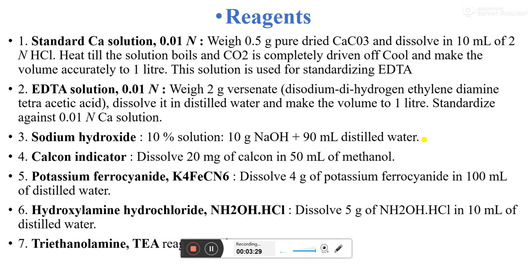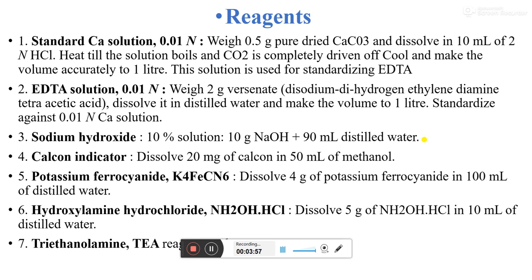Then the next one is EDTA solution, that means ethylene diamine tetraacetic acid solution, of 0.01 normal. For that purpose, weigh 2 gram of versenate, that means disodium dihydrogen ethylene diamine tetraacetic acid, dissolve it in distilled water and make the volume to 1 liter. Then standardize against the 0.01 normal calcium solution.